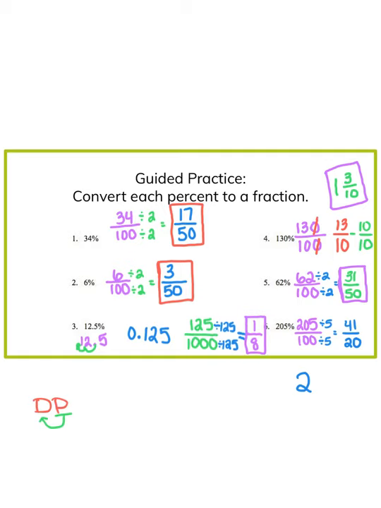So if I subtract 40 from 41, I'm left with 1 as my remainder. And then I would keep my same denominator of 20. So 41/20 is equivalent to 2 1/20.